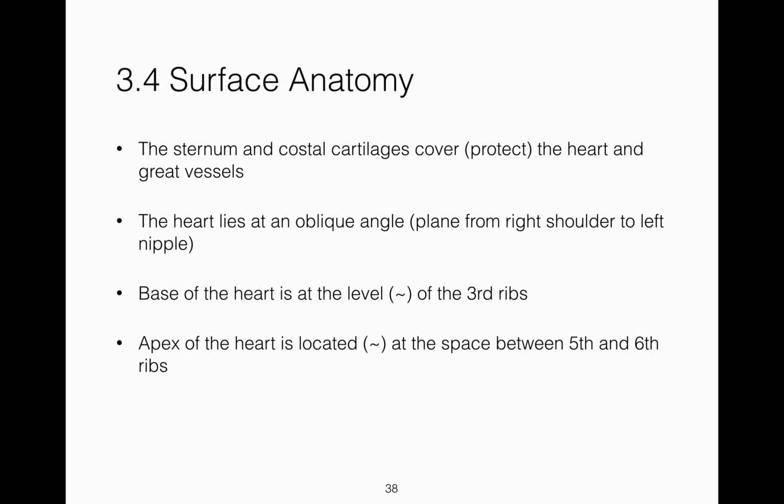The base of the heart is at approximately the level of the 3rd ribs, while the apex of the heart is located approximately at the space between the 5th and 6th ribs.